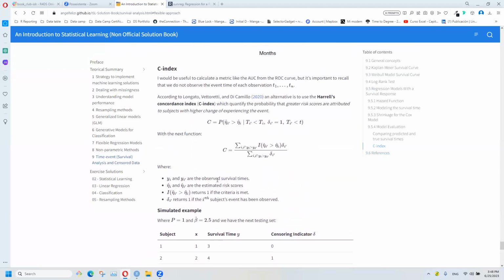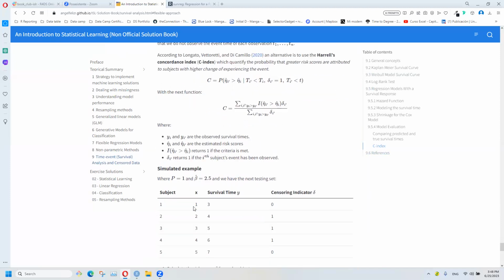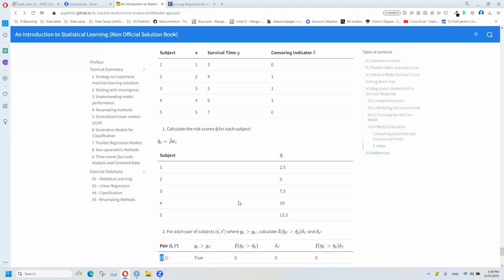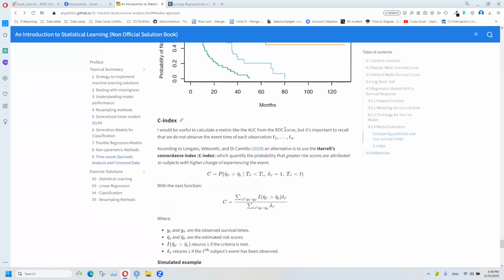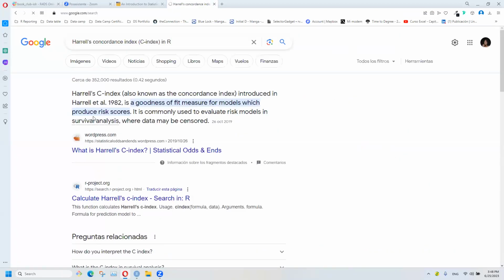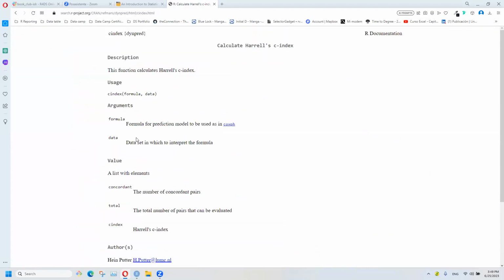And I was trying to find an example in R, but this function is not implemented in a lot of ways. I think I saw a package. It's this one.